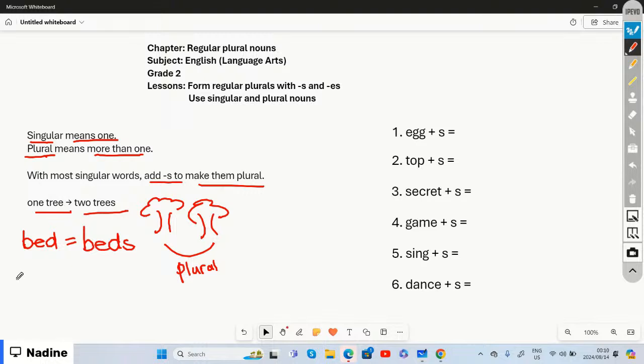I have one ladder, but two of those, what do we call them?